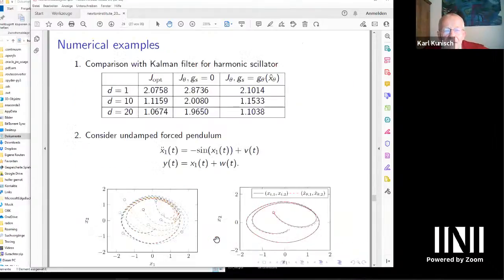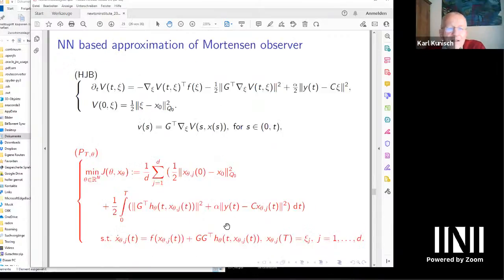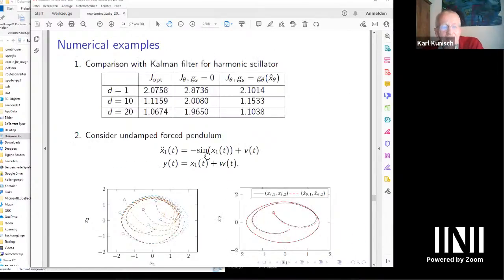We tested it, and first, of course, we compared to a linear quadratic situation where we can compare with the Kalman filter, and we did this for various dimensions of the terminal conditions. The more terminal conditions, the better the training, the smaller the error. So that's consistent.